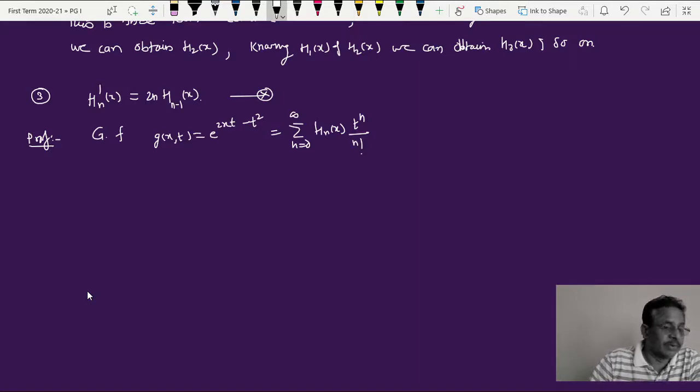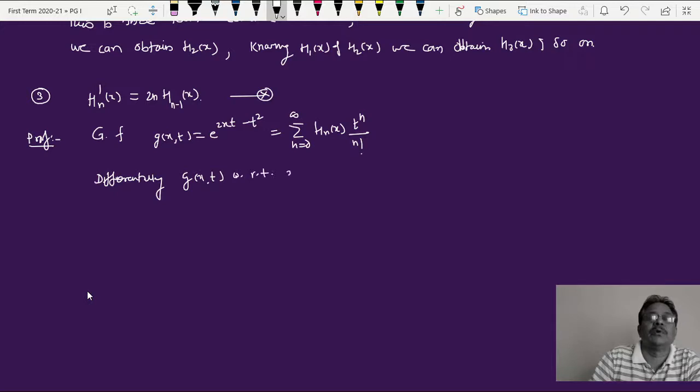Now we have to differentiate the given generating function with respect to x. Earlier, in the previous case, we differentiated with respect to t. This time you have to differentiate with respect to x. So differentiating g of x, t with respect to the variable x.